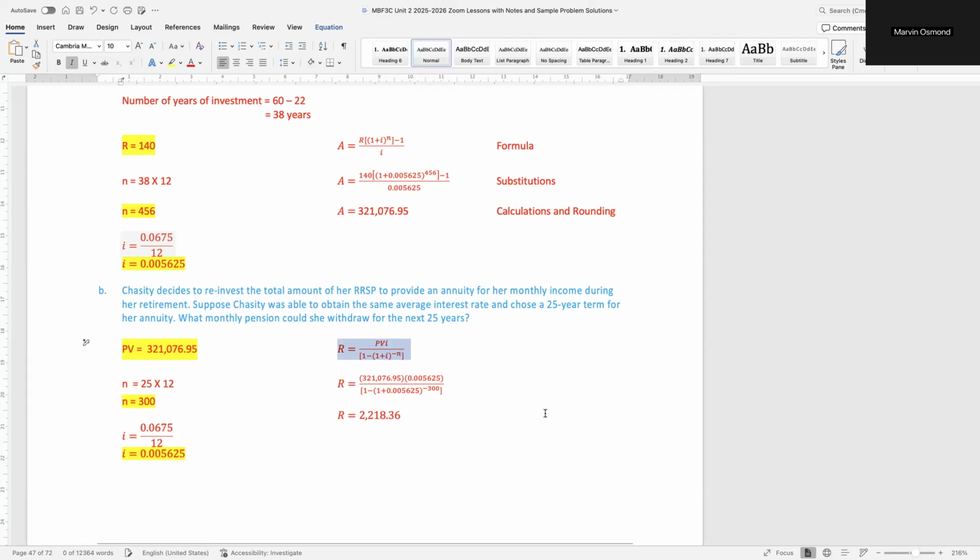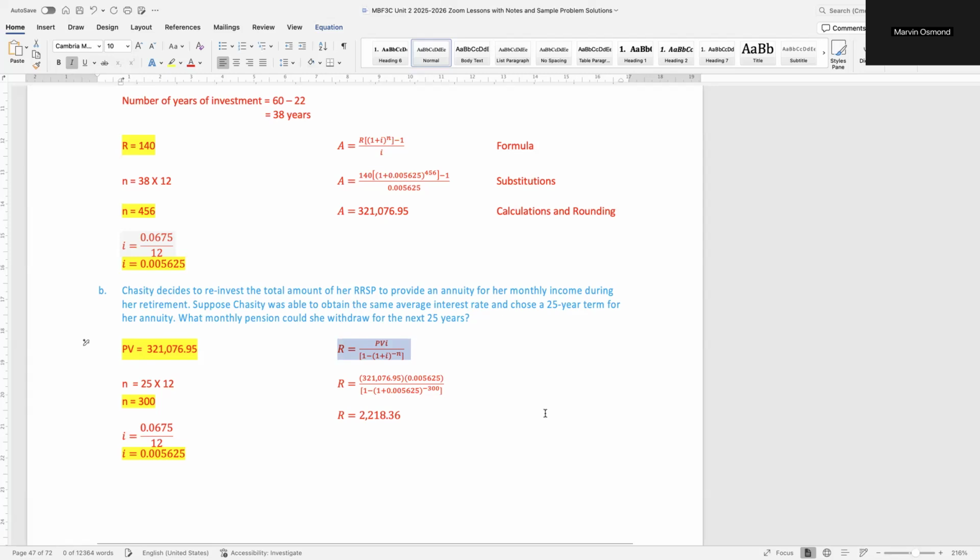Bracket 1 minus bracket 1 plus 0.005625. Close the bracket to the power negative 300. Close the bracket. Now I got it.